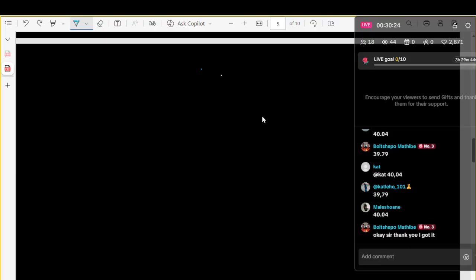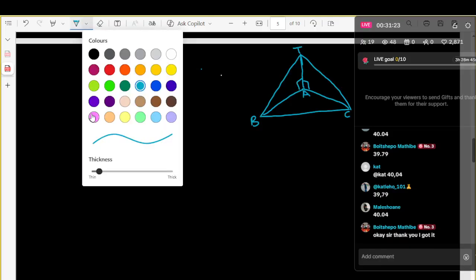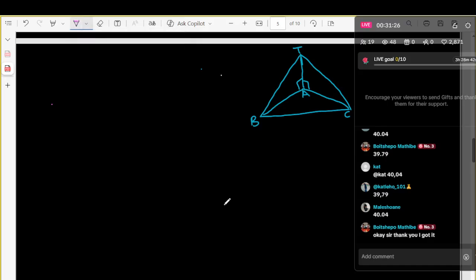This will be my A. I'm just going to name my angles using a different marker. This is my H, this line here. And then what else do we have?